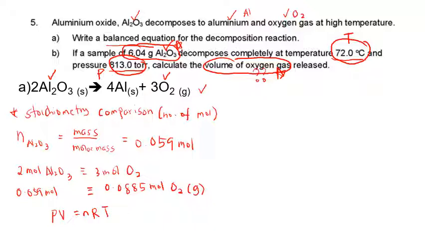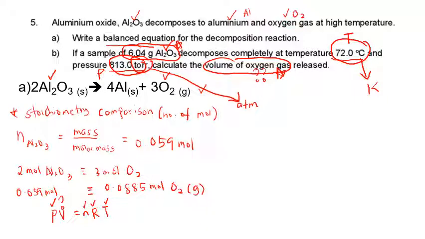Pressure we have, volume is to be determined, the number of moles is already calculated, the R value is a constant, and the temperature is also given. We only need to take note that the temperature must be converted to the unit of Kelvin, and the pressure in torr must be converted to the unit of atm.